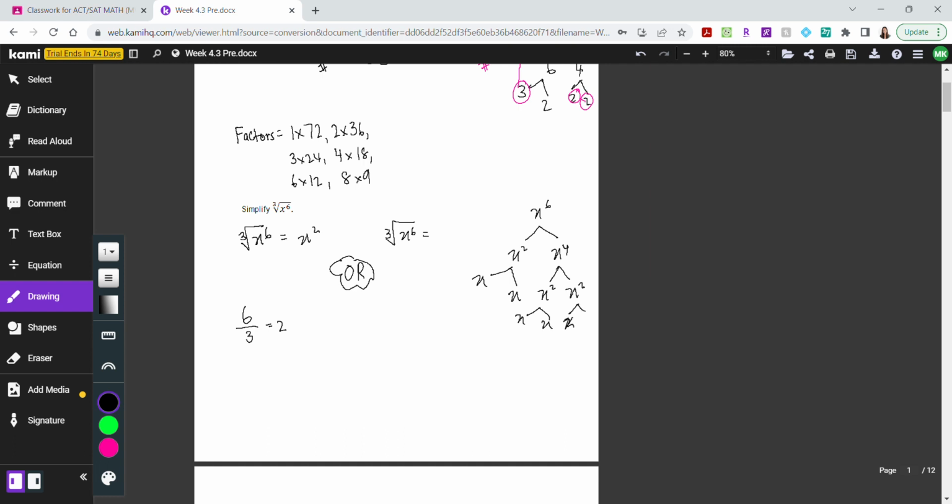Can you see that? Now, because it's a cube root, that means I need my numbers to be repeated 3 times. So let's circle it. 1, 2, 3. These are repeated 3 times. One group of 3. 1, 2, 3. Another group of 3. So essentially now we have 2 groups of 3, which means we can write it as x squared. All right, and that'll be our answer because there are 2 groups of 3.